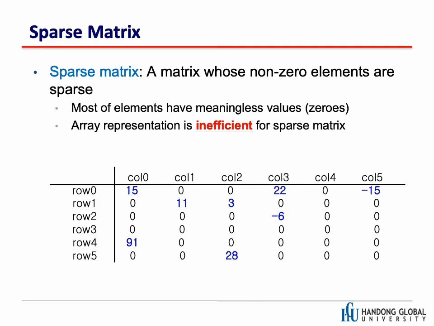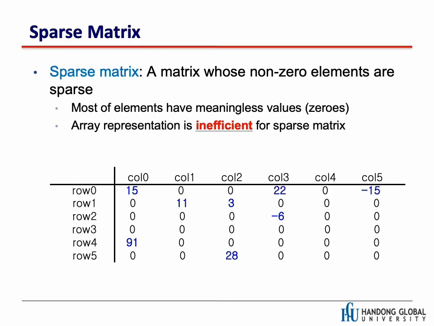So let's think about the movie. On the left side, in this figure, rows are the movies and columns are users. Let's say in these numbers, it's like column 0. The first user likes the first movie, and the review score is 15.